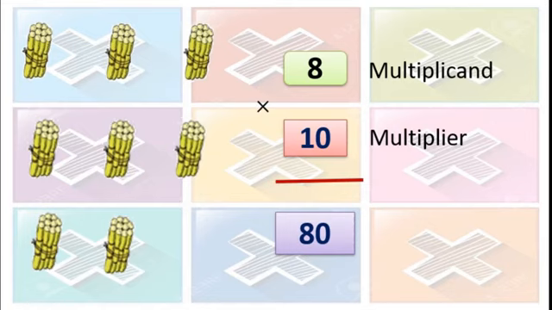So it is called as multiplier. And 80, that is called as product. Whatever the answer, it is called as product. Got this? Remember these three words of multiplication: multiplicand, multiplier, and product.